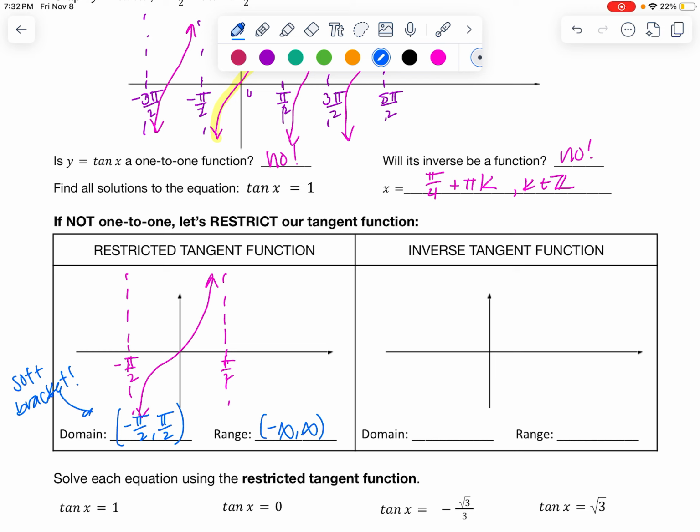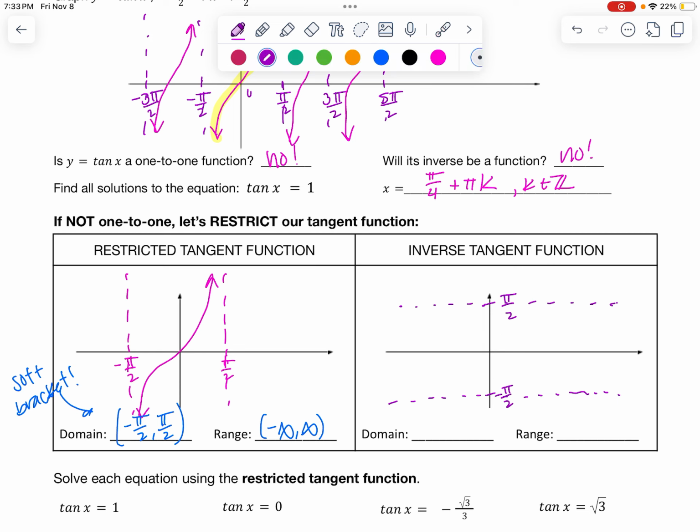Cool. So kind of like with the sine and cosine function, I'm really going to flip these guys. We're going to go from a pi over 2 to a negative pi over 2. And again, this is where my asymptotes are. In my restricted tangent function, we're going towards negative infinity when we're going towards negative pi over 2.